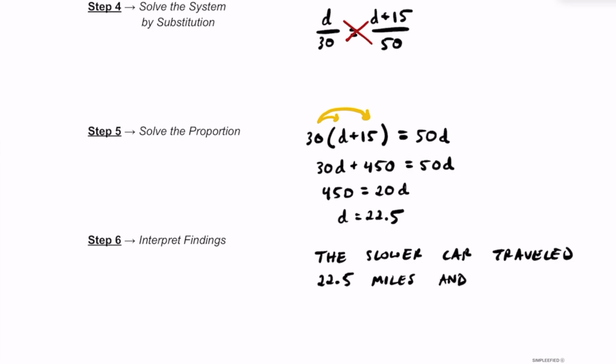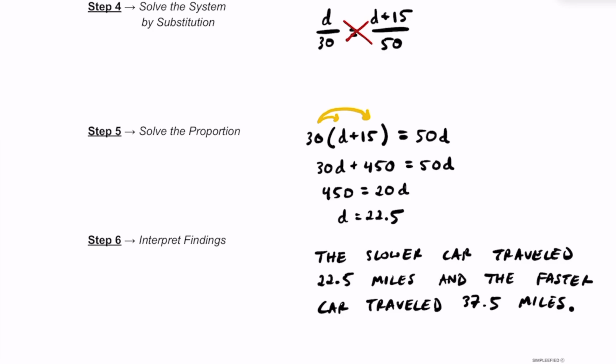And the faster car traveled, I think we said it was 15 miles further. So it would be 22.5 plus 15. That's going to be 37.5 miles.